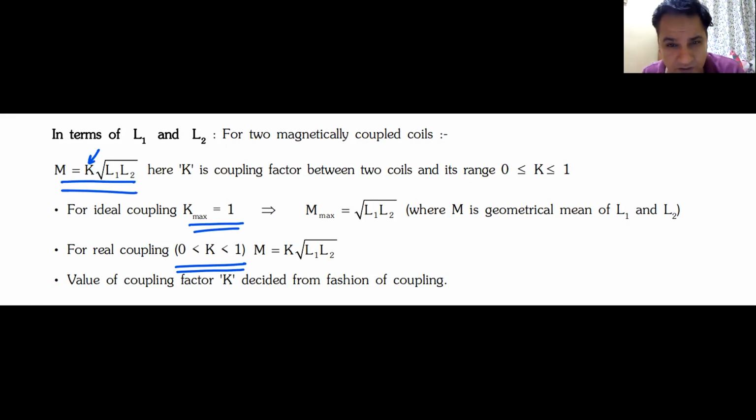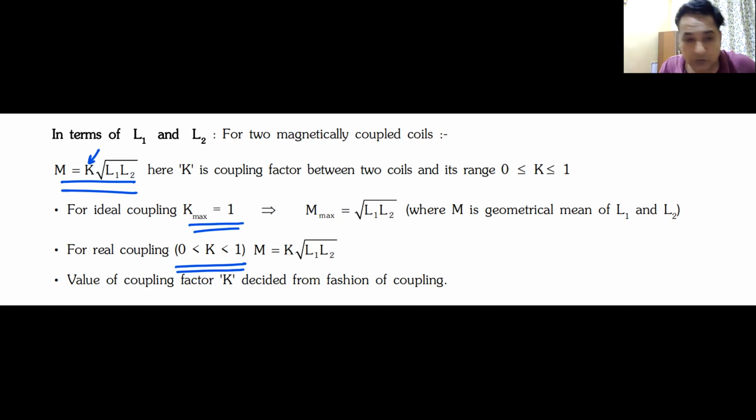If coupling factor is 1, whatever flux is linked in coil 1, you just put the secondary on top of this. The same flux gets linked with coil number 2. Do we understand this, beta? Yes, sir. You can find out the value of this coupling factor from various things, and you might be given all these diagrams.